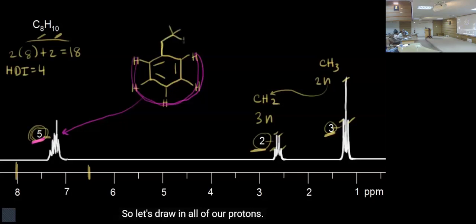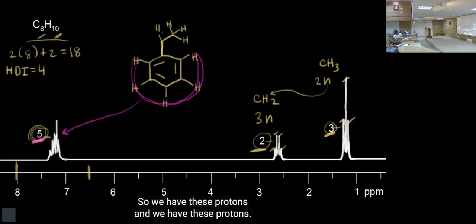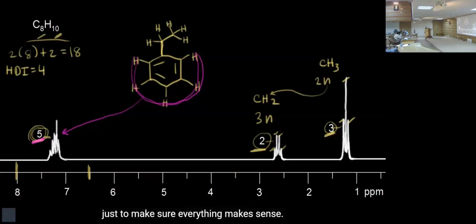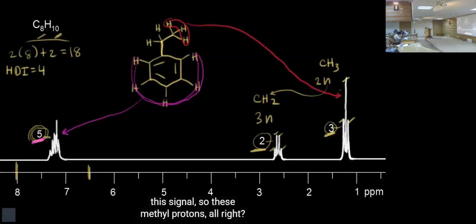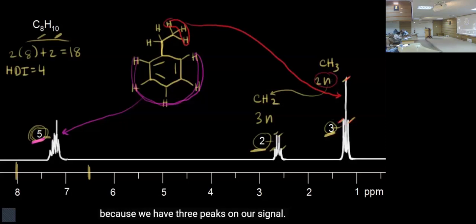Let's draw in all of our protons. So we have these protons and we have these protons. Let's color code here just to make sure everything makes sense. These red protons, these methyl protons, must be giving us this signal. We'd expect 2 neighbors because we have 3 peaks on our signal, and here are the 2 neighbors, 1, 2.